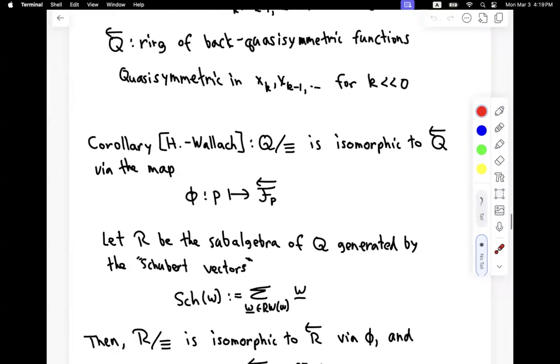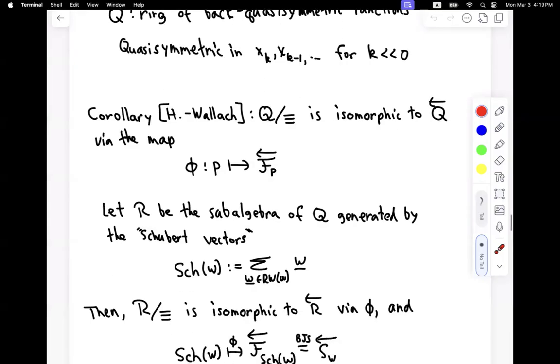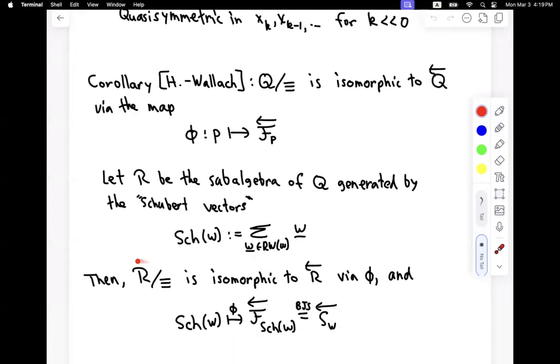And then furthermore, let's let capital R be the subalgebra of Q generated by the following vectors. We'll call these the Schubert vectors, because each is just the sum of all of the reduced words of the permutation. And then it turns out that the quotient by equivalence of R is isomorphic to the ring of back symmetric functions via the same map where I send everything to its slide polynomial. And in fact, by the BJS formula, the Schubert vector is mapped to the backstable Schubert polynomial.